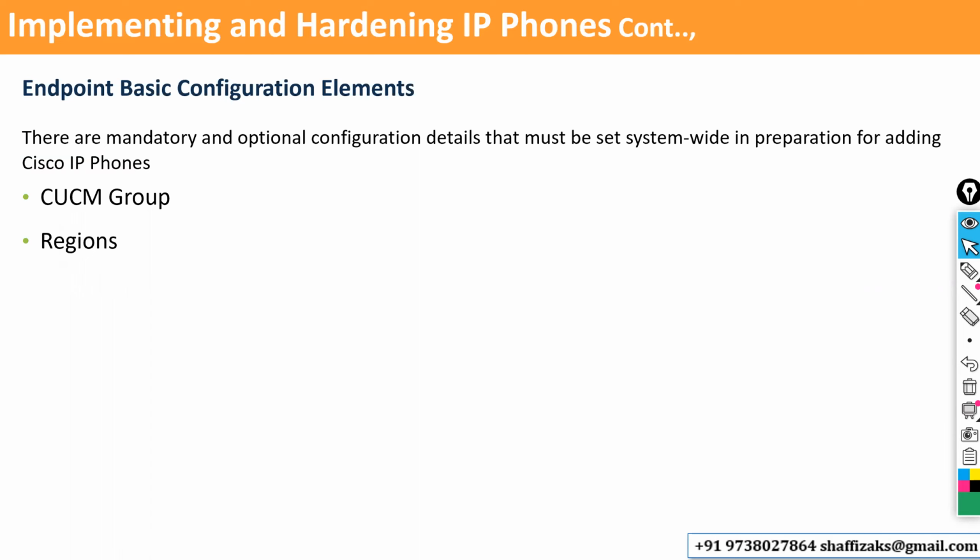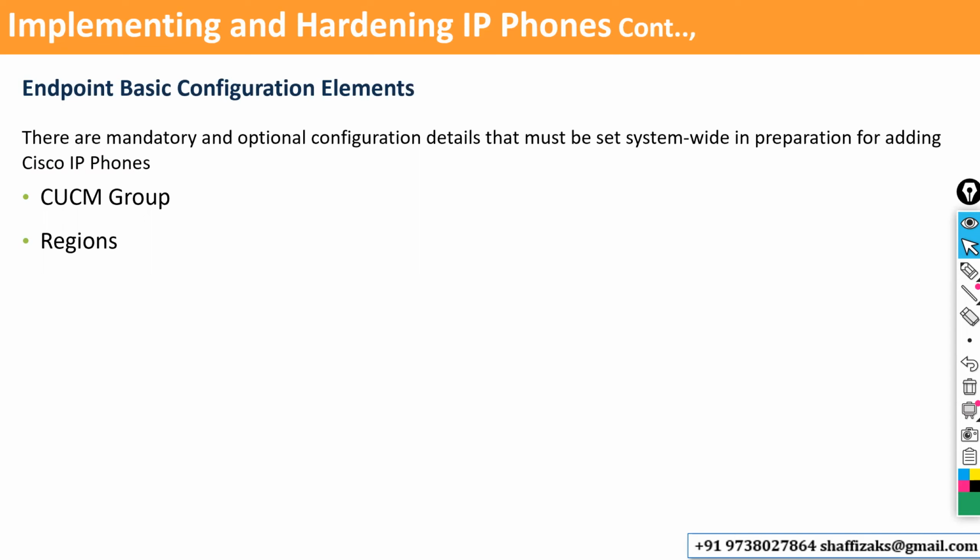What is this region? Region defines codec. To make a call from one phone to another phone, either internal or external, we require codec. It's mandatory. Without codec, it's not possible to call or communicate.